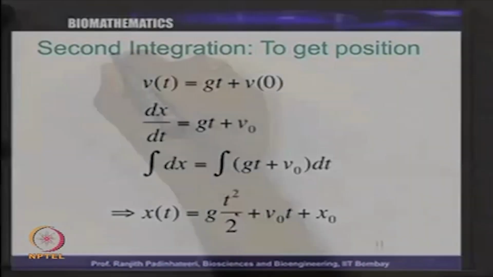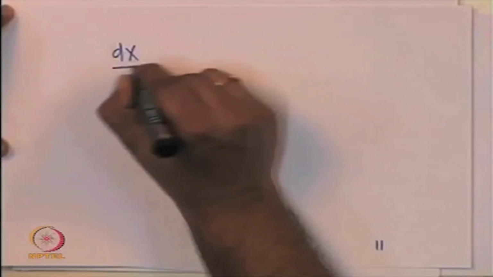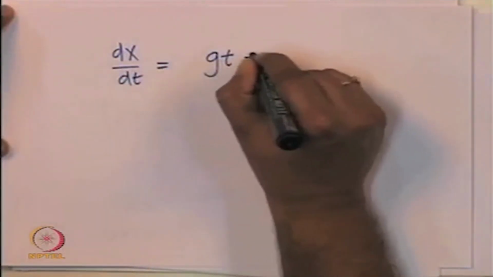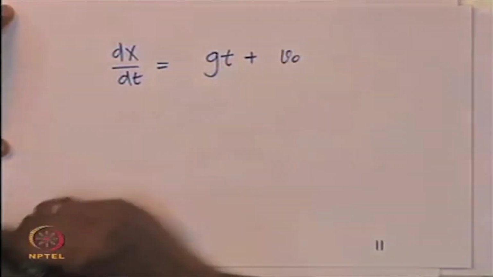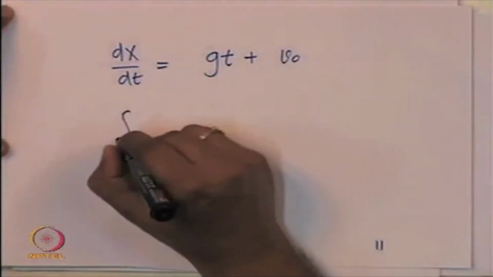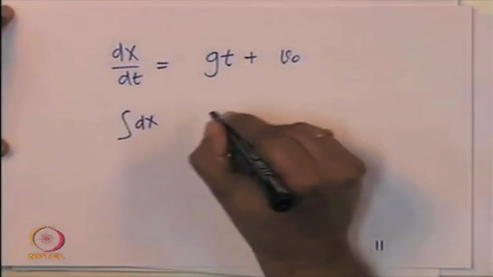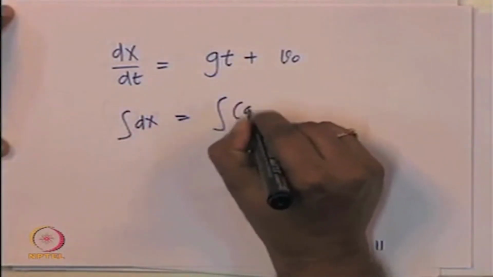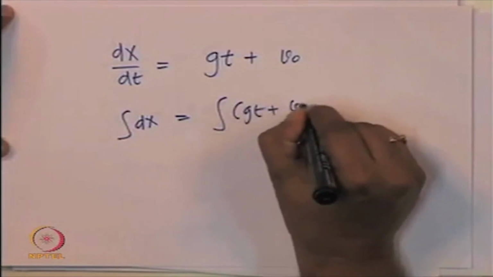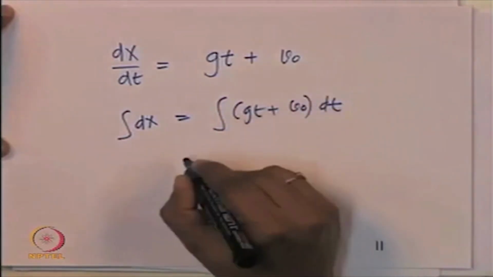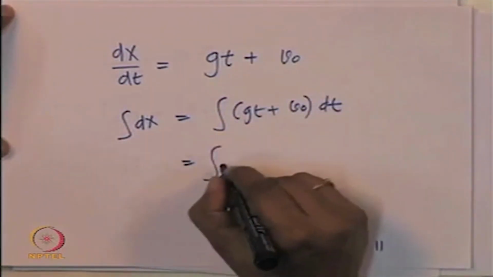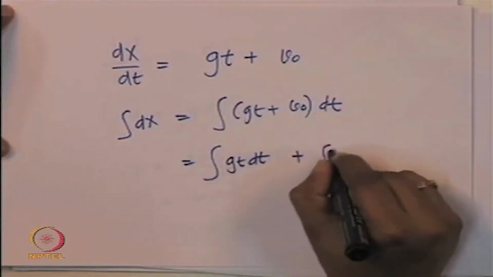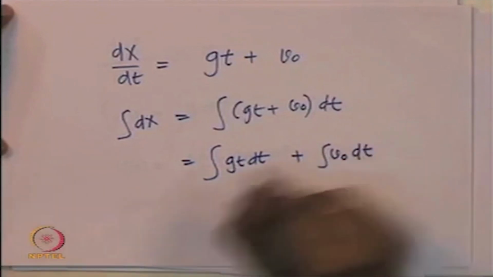We had this equation, dx by dt is equal to g t plus v 0, and we multiply both sides by dt and integrate it. So, integral of g t plus v 0 dt, and the first part of this is integral g t dt plus integral v 0 dt.